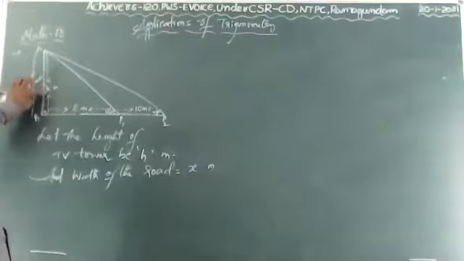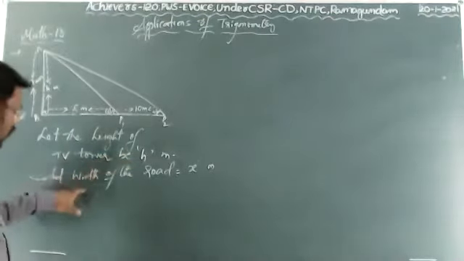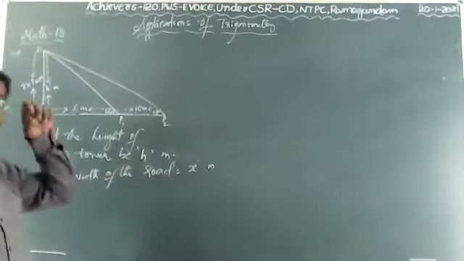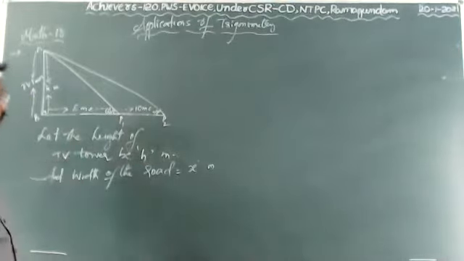Height h already we took. Height is h, width of the road is x. That is h, this is x.